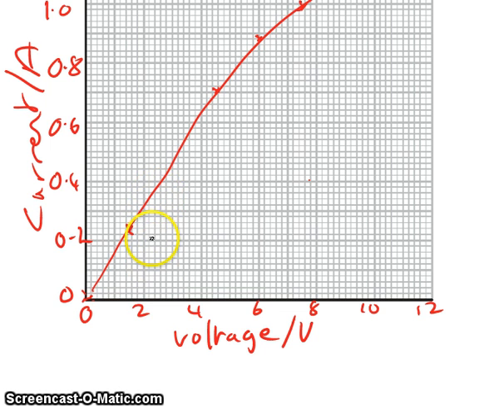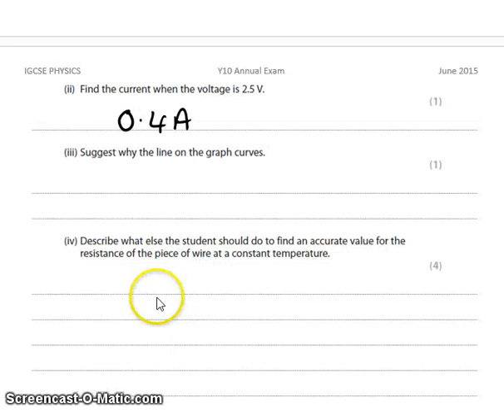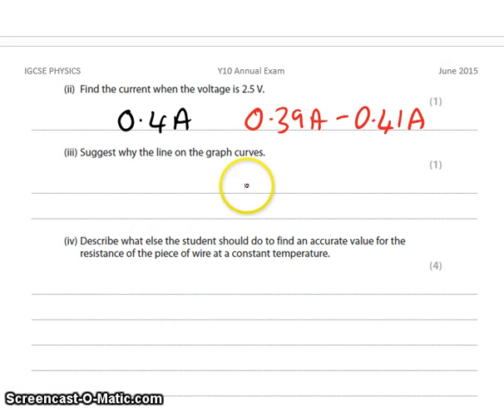So actually my 2.4 volts should give me a reading of 0.4 amps. You would get a mark if you got a range of between 0.39 amps to 0.41 amps. There's no mark for the unit here, but if you consistently put units with your answers, you will always get your marks.